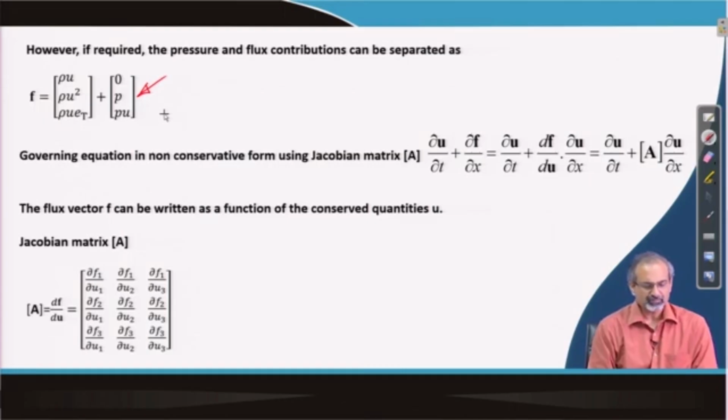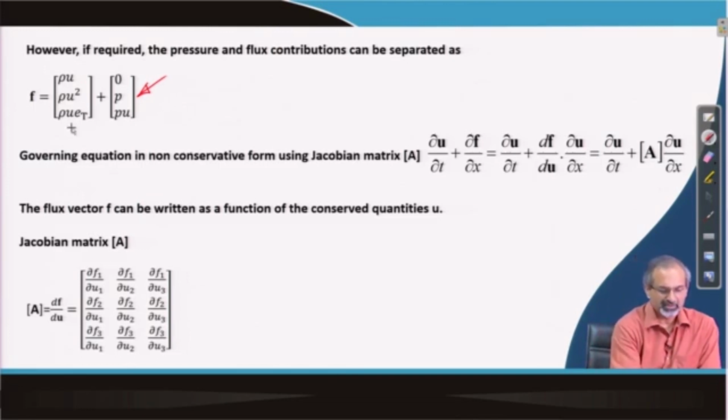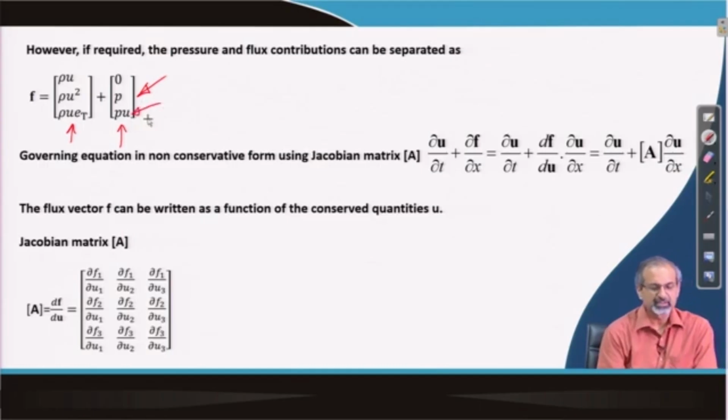And very often we would prefer to segregate out the pressure contribution from the regular fluxes. So, in that case you would write the flux in the form of summation of two separate vectors, one with only the influence of the velocity field, the other only with the influence of the pressure field. Of course, here as far as energy equation is concerned, there is also a velocity field involved, but it is primarily based on the pressure or the other part that we segregate this.